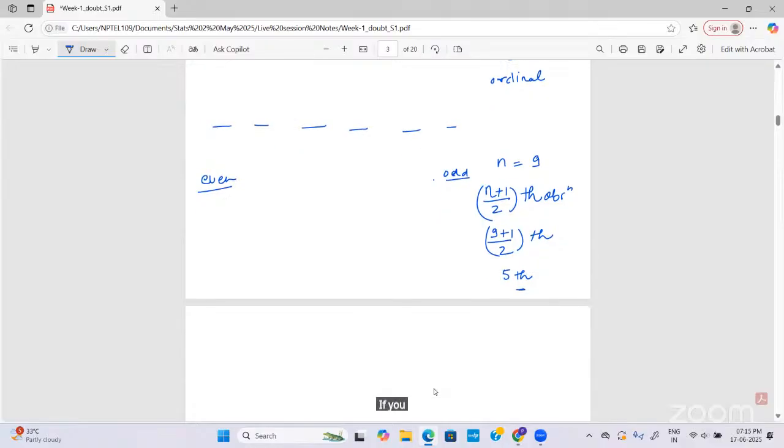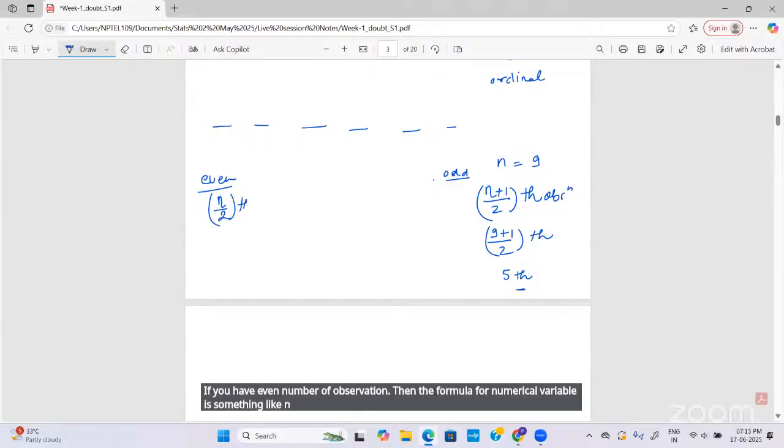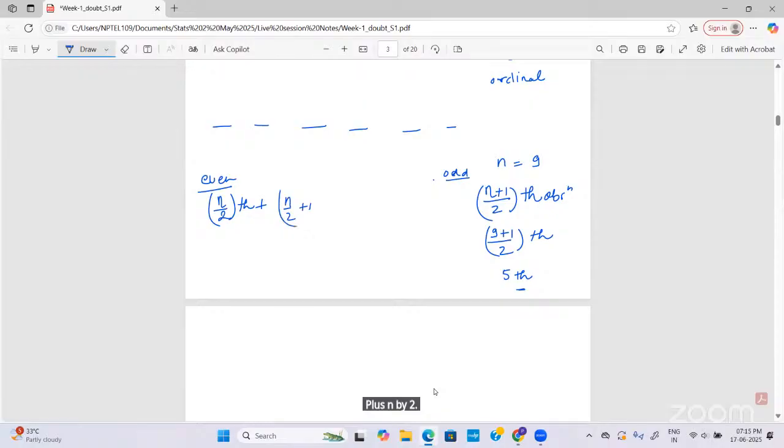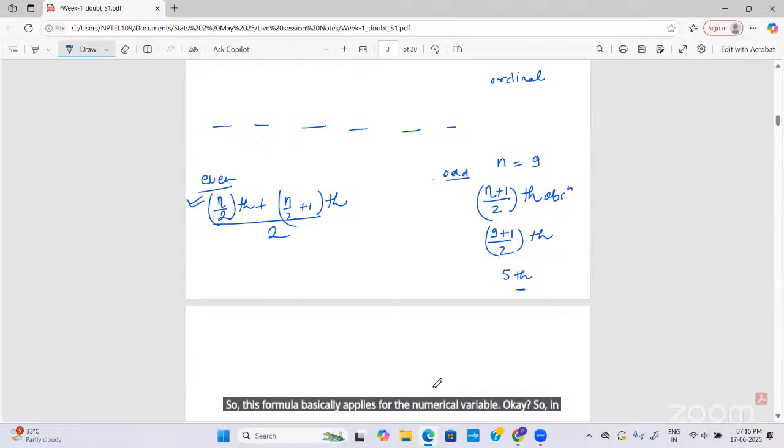If you have an even number of observations, then the formula for a numerical variable is n by 2th observation plus n by 2 plus 1th observation, divided by 2. This formula basically applies to numerical variables, where we take the average of the middle two observations.